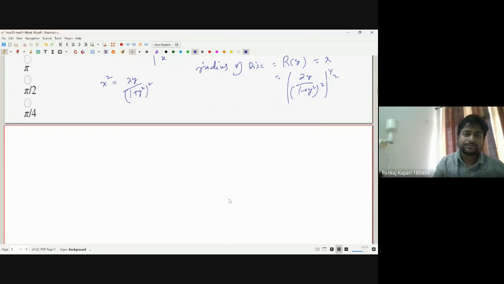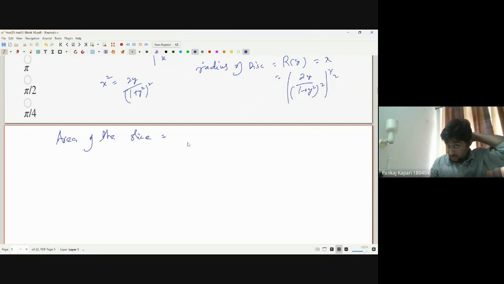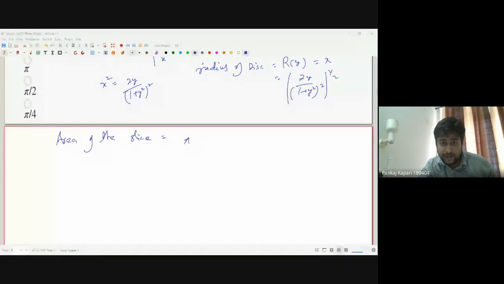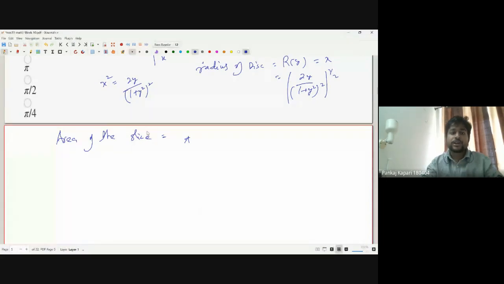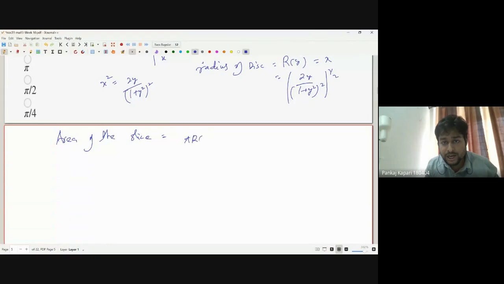And now the area of the slice, we know that the area of the slice must be pi r square, right? The radius square. So the area of the slice is pi times this radius, which is a function of y actually, squared.